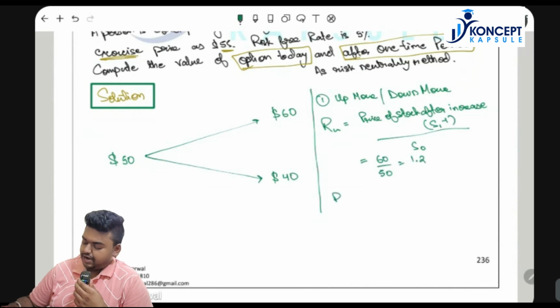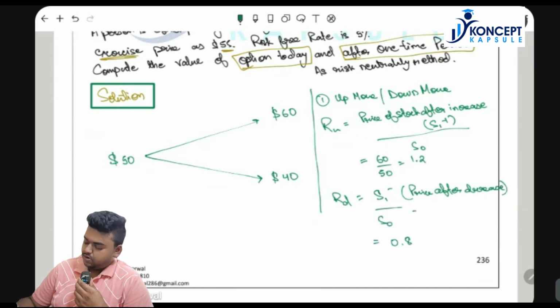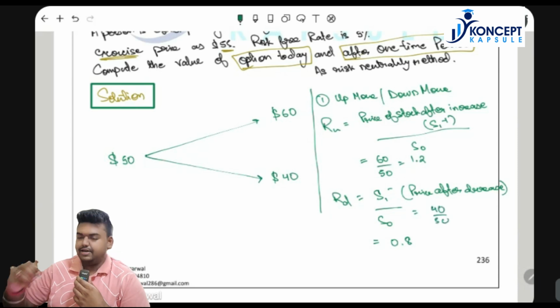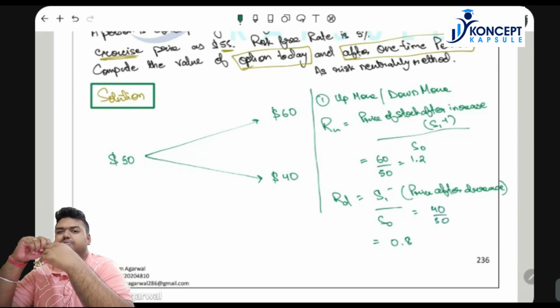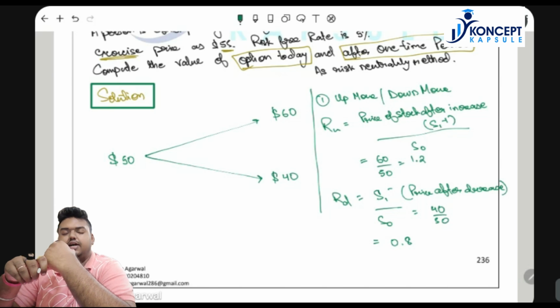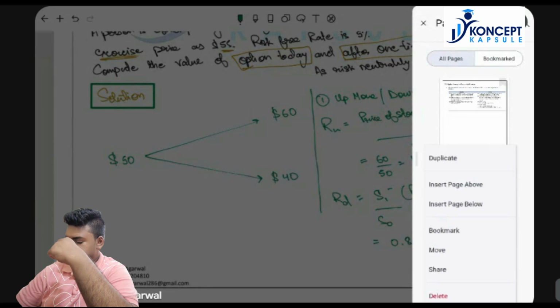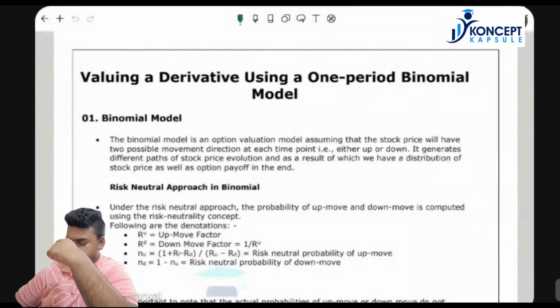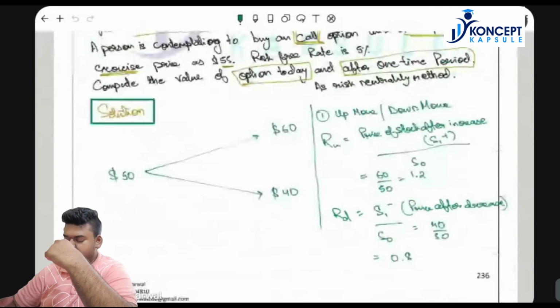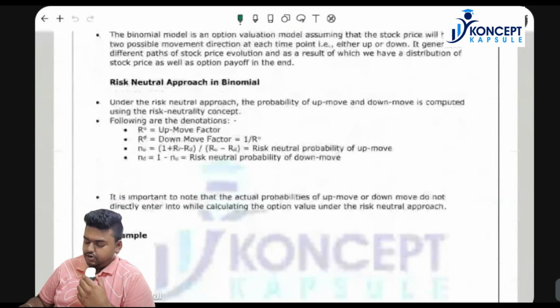And the down move factor RD can be S1 minus, or price after decrease, divided by S0, which is 40 by 50, or 0.8. Correct? We have the first step done. Guys, we are done with computing the up move and down move factor. Then what will we do?